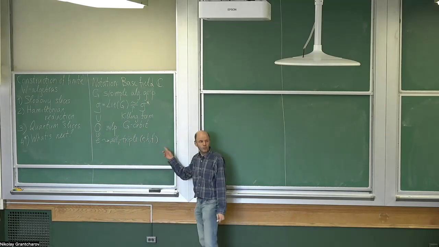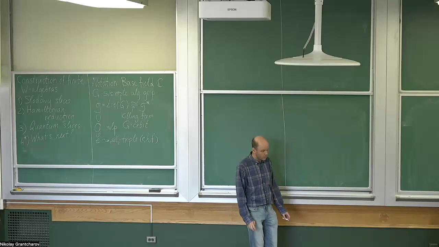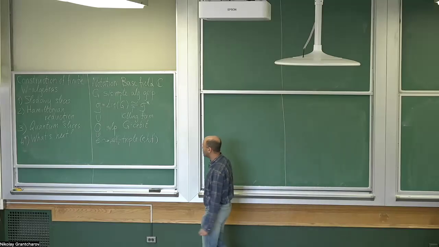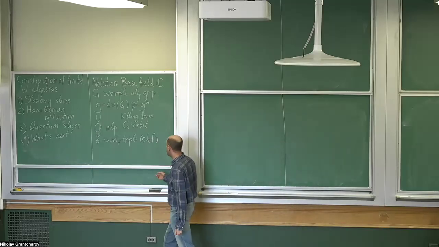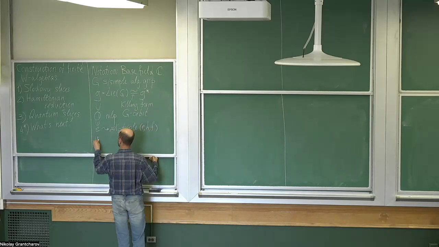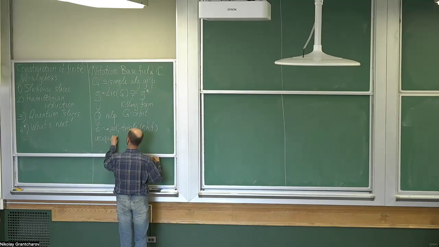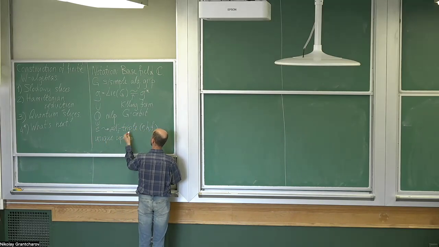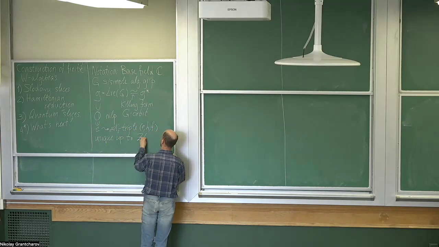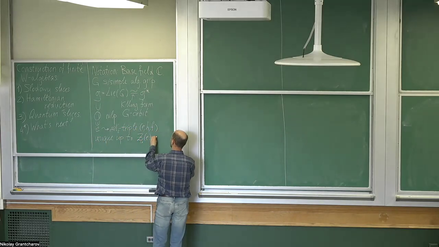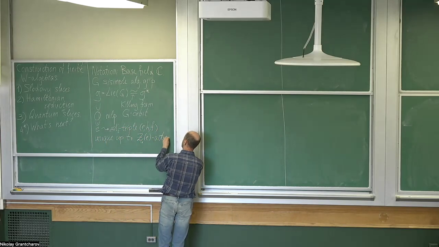Such a thing always exists by the Jacobson-Morozov theorem. It's not quite unique, but it's unique up to the action of the centralizer of e inside of G. This is the result of Kostant.